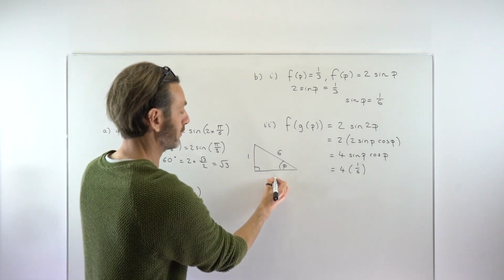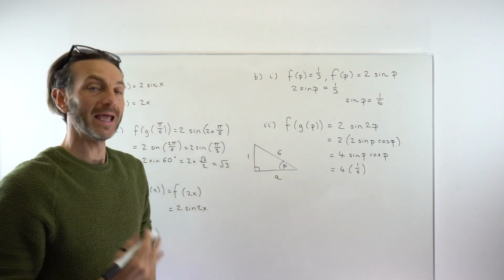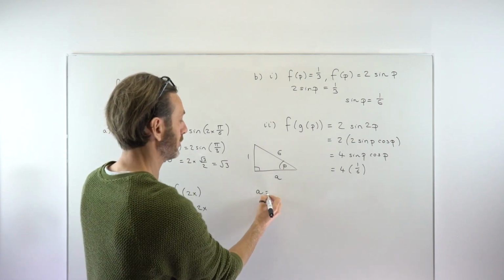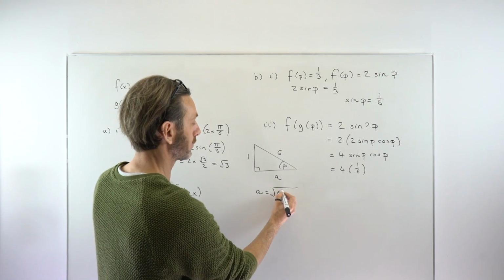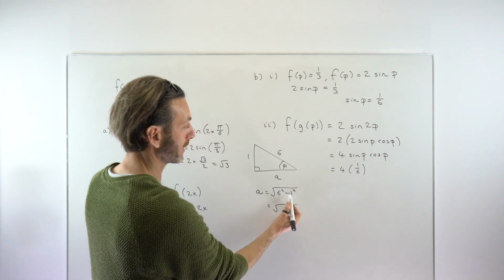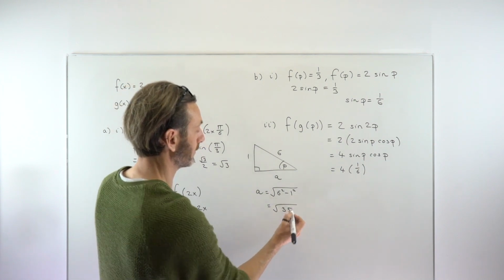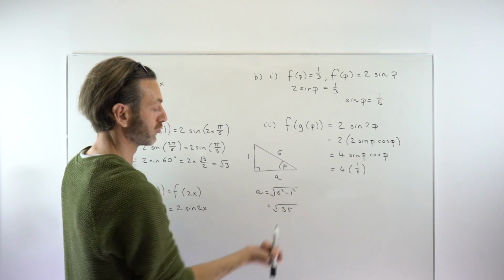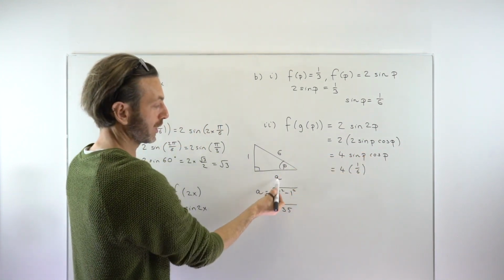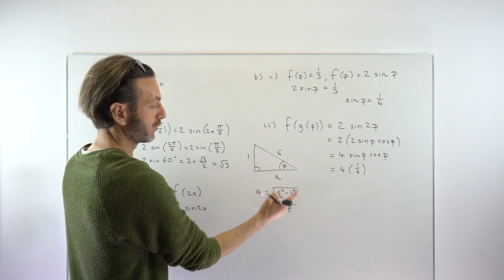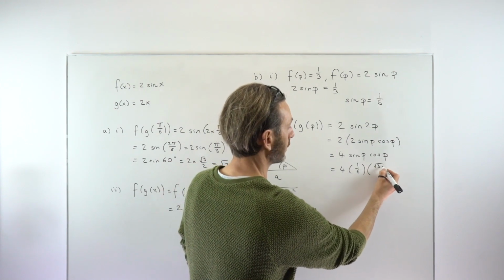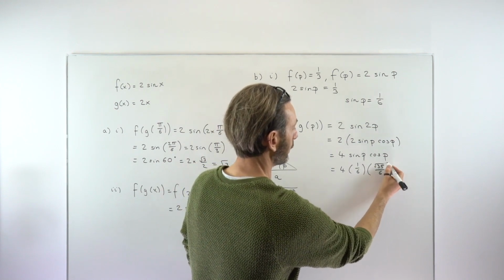If we call this side, which we don't know but we need, A, then our little equation, Pythagoras, would be that A is going to equal the square root of the long side squared minus the other short side squared. So that's going to be the square root of 36 minus 1, which is 35. So that side there is root 35. We want the cosine of P, which is adjacent over hypotenuse, root 35 over 6. Which is a weird looking number, to be honest, but that's just the way that it's come out.